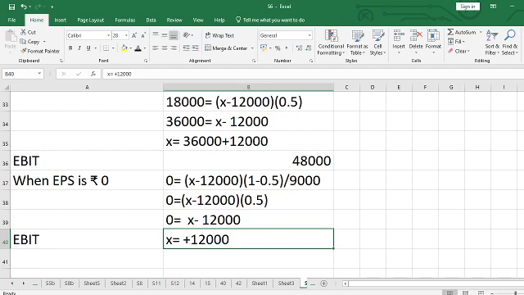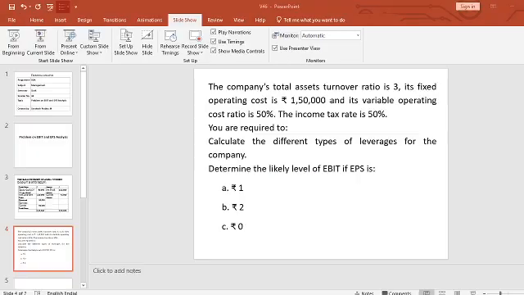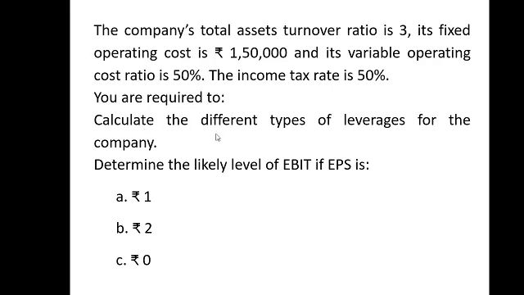So we calculated the leverages, and ultimately we calculated the level of EPS. Usually this kind of problem will be given. With the help of a turnover ratio, first we need to calculate sales.